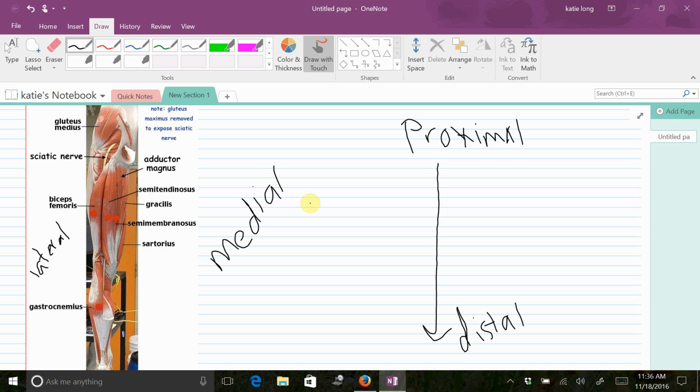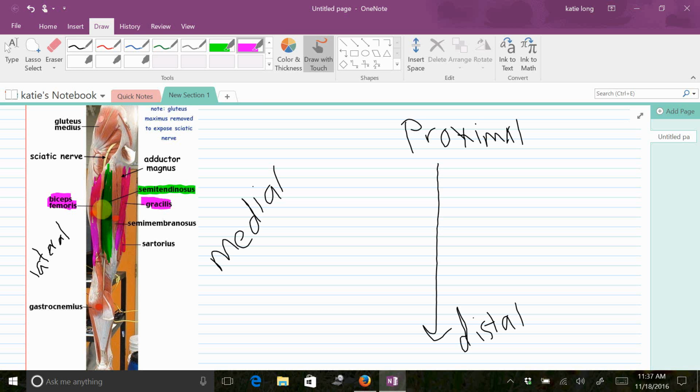So if you see the semitendinosus there, it's kind of in the middle. And then we have the gracilis here, and then the biceps femoris here.